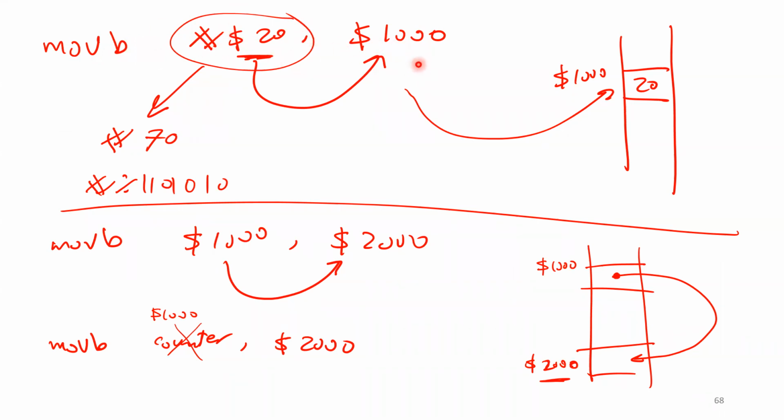What does this mean? There should be two operands here, separated by a comma. Here you are going to copy number 20 to memory location 1000. After you execute this instruction, if you go to memory location 1000, you will see 20, because this is an immediate value and this is memory.